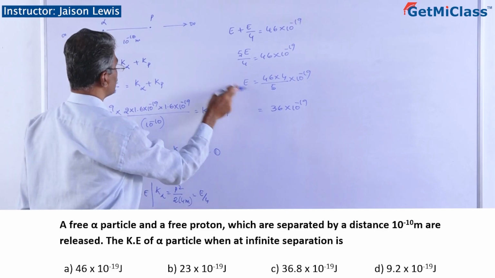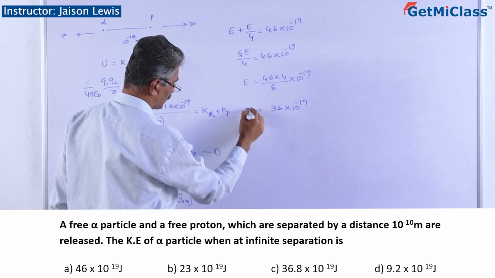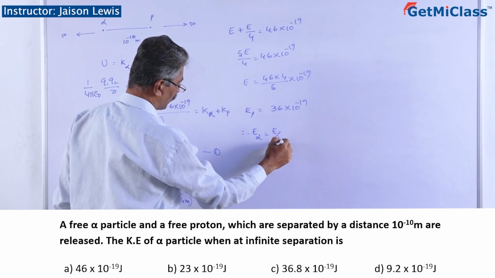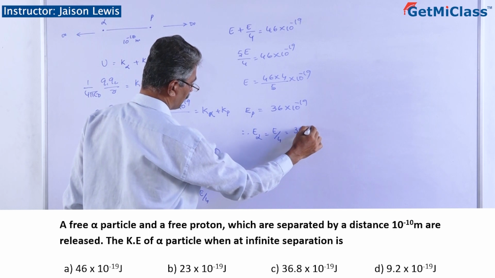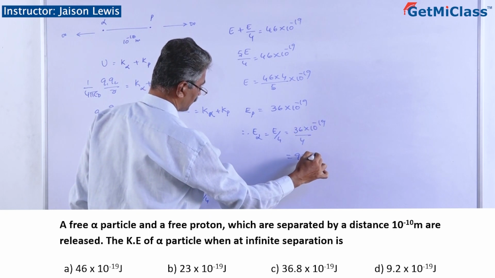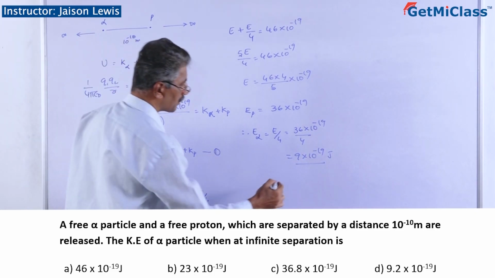E is the energy of the proton. Therefore the energy of the alpha is E by 4, that is 36 into 10 power minus 19 divided by 4, around 9 into 10 power minus 19 joule, and that is given as option D.